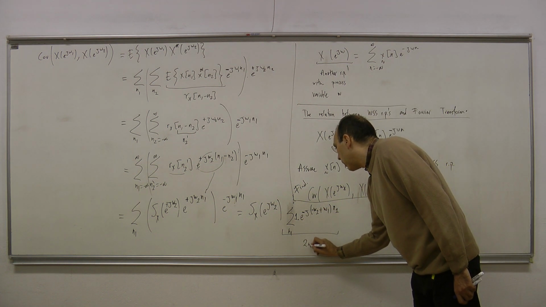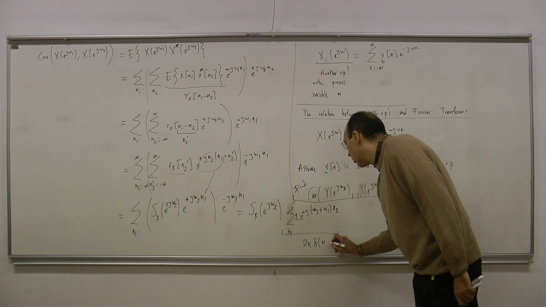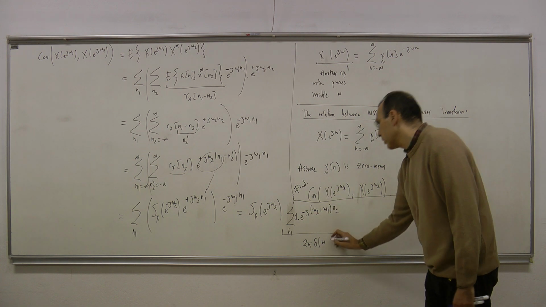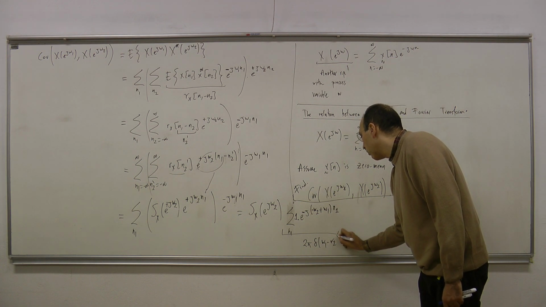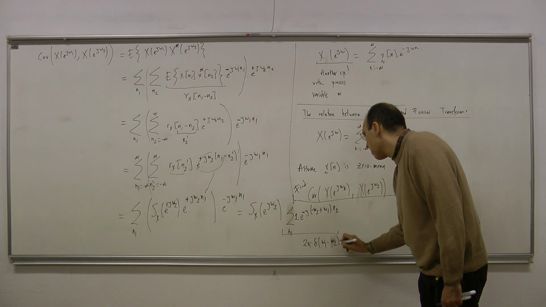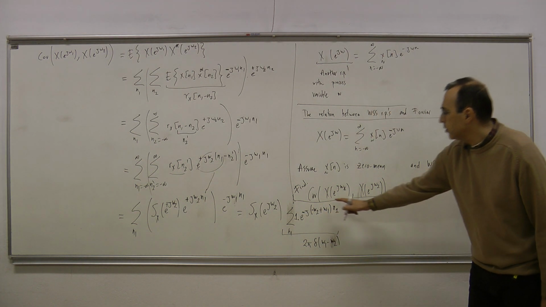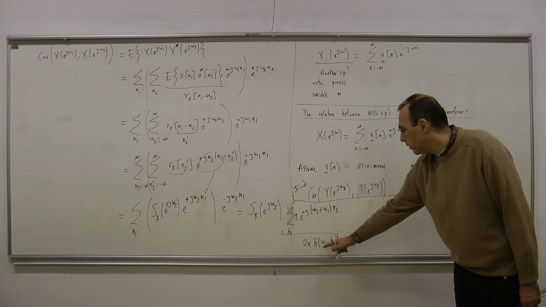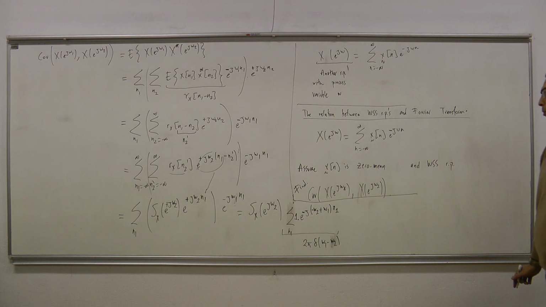So this is 2 pi delta, well, Fourier transform of 1 is delta of omega 1 minus omega 2. Okay, so this is the impulse, and when this spectrum variable is equal to 0, I have an impulse. That's when omega 1 is equal to omega 2.